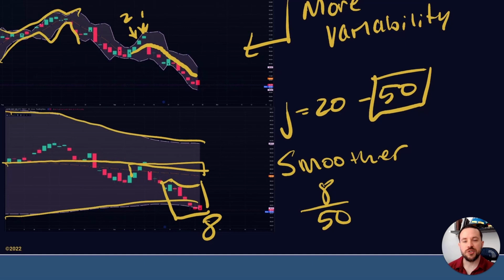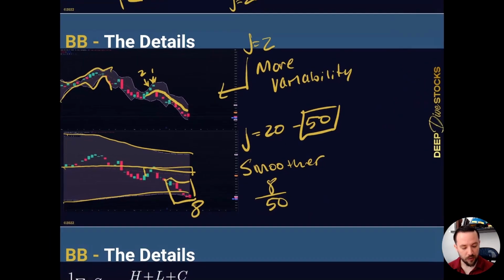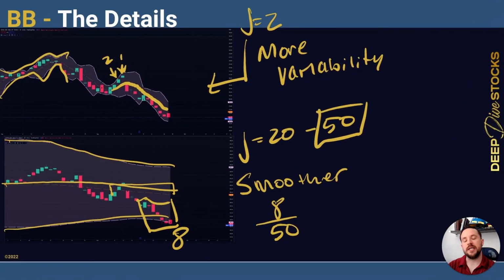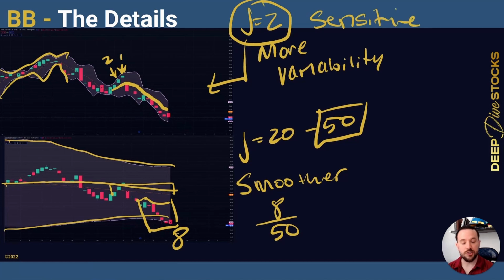So the take-home point, for how much past data we include in the current calculation, is that we get more sensitive to changes if we decrease J, but we get a lot more variability.